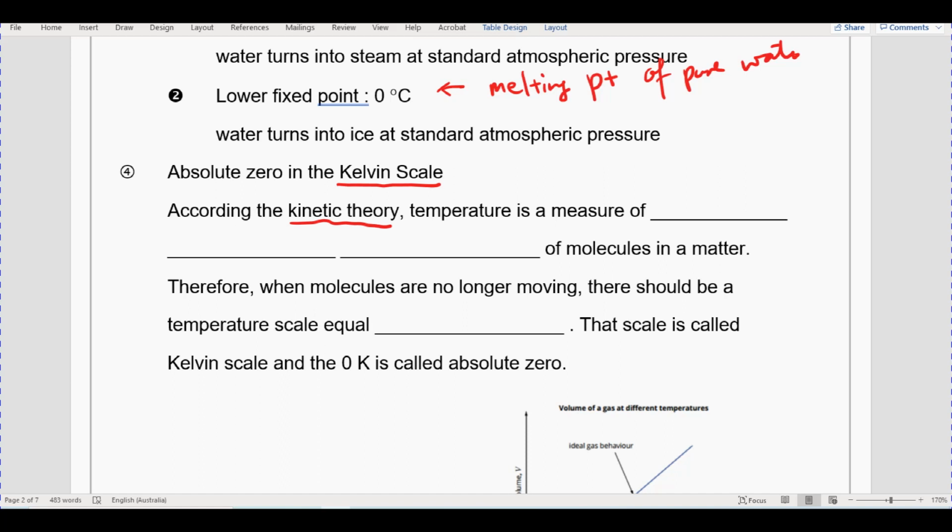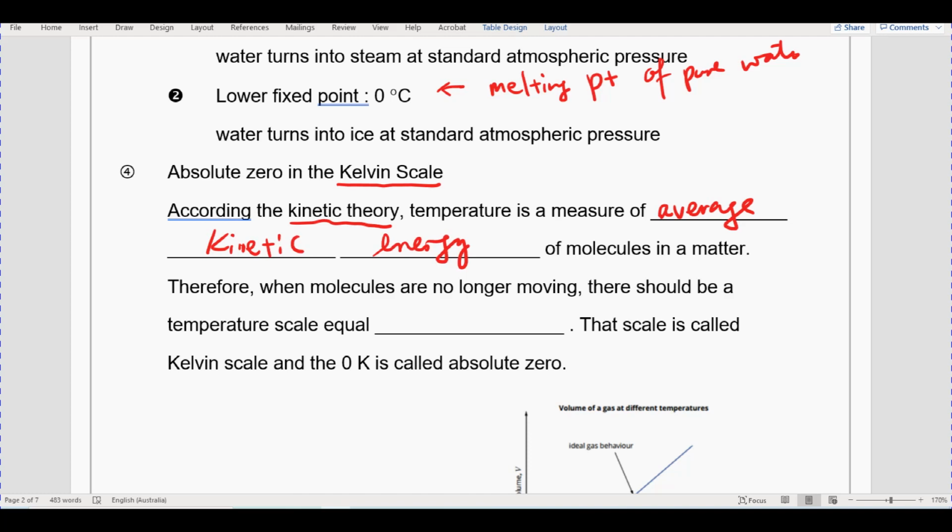Molecular kinetic energy is about how fast molecules or particles are moving within the matter. And the more scientific description of temperature is that temperature is a measure of the average kinetic energy of molecules in a matter.